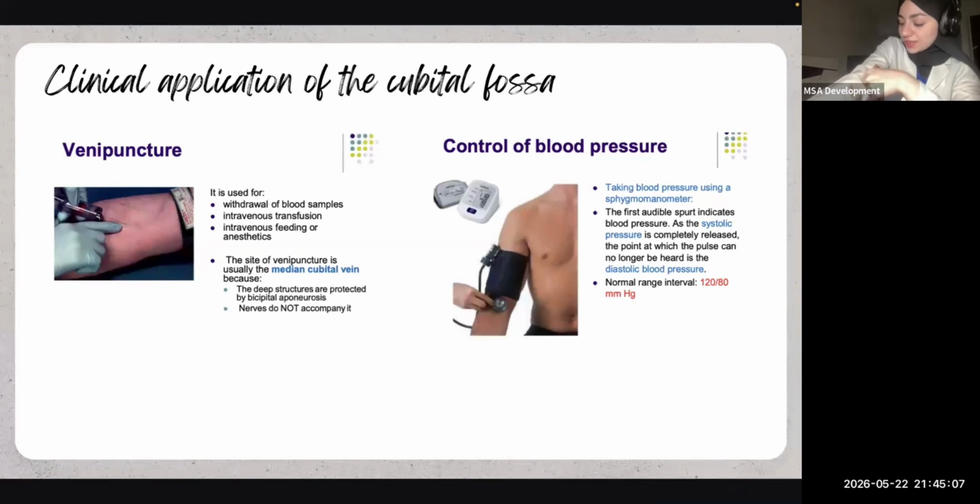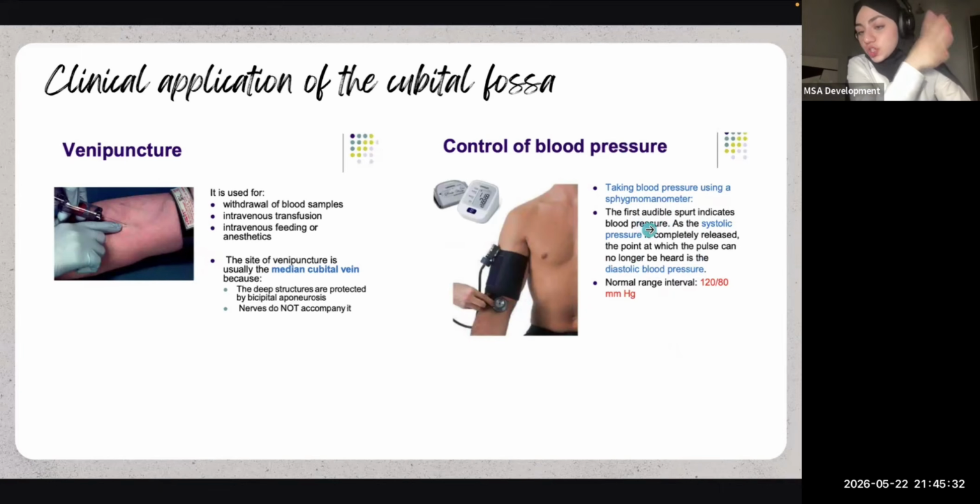Now, 5 to 2 centimeters above it, we're going to place the cuff, and we're going to inflate it. Before we place the cuff, we're going to put our stethoscope and then wrap the cuff around it. We're going to be listening in the stethoscope, and we're going to hear basically the spurt of the pulse, basically, the blood moving. First of all, you're going to keep on hearing sound, tuck, tuck, tuck, tuck. That's going to be your systolic blood pressure.